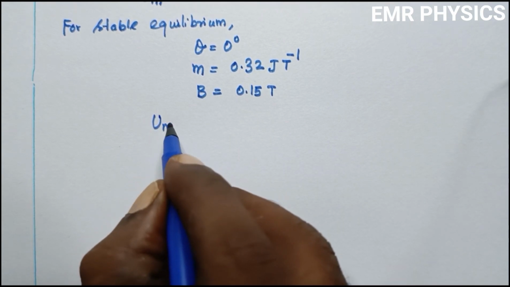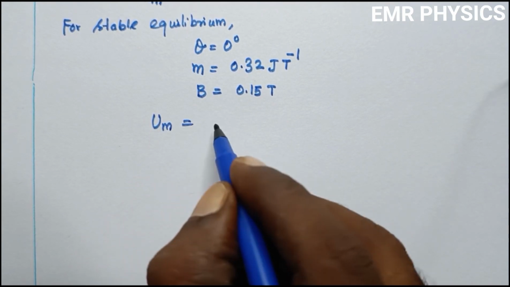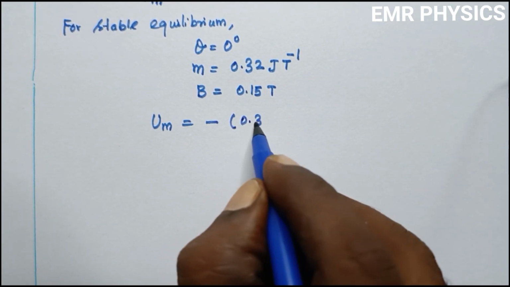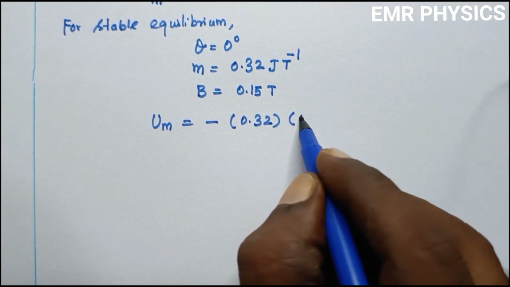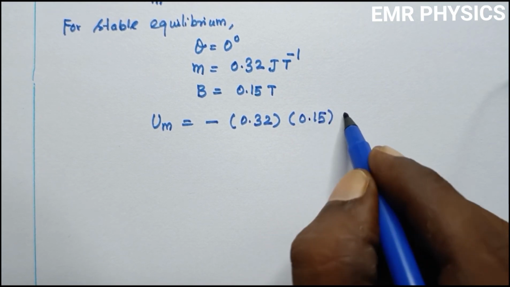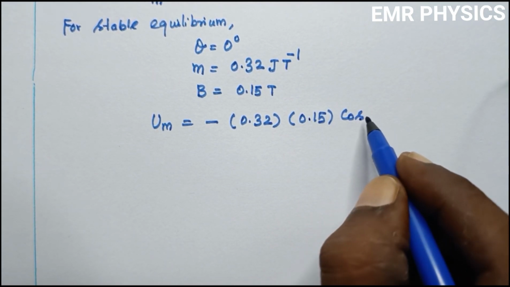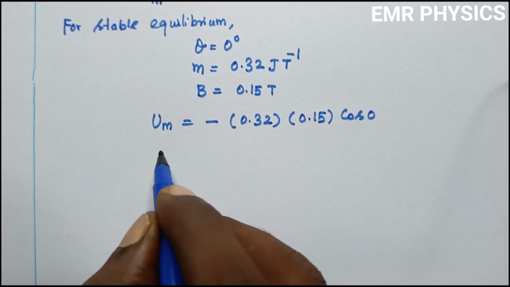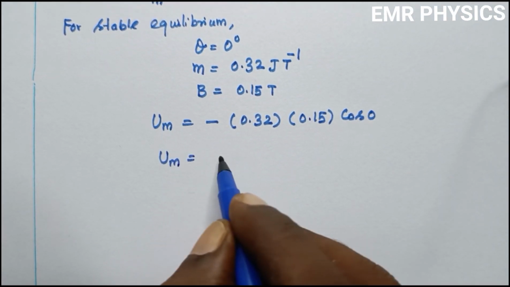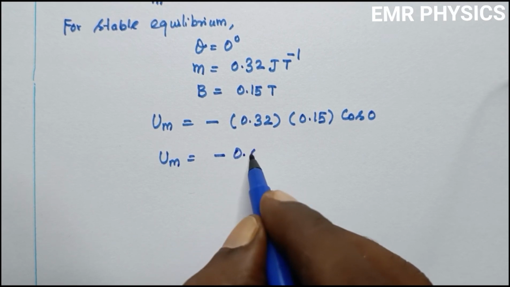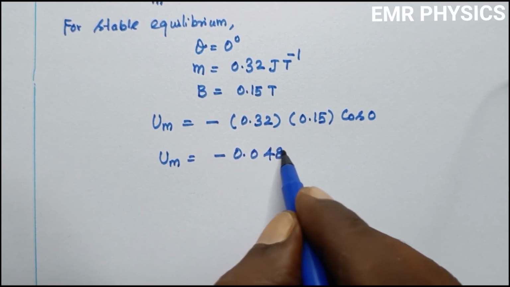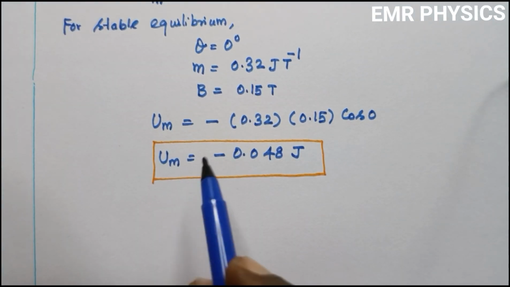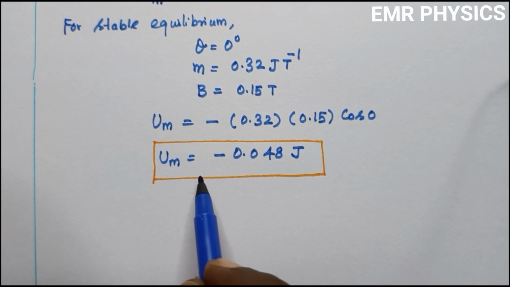The potential energy for stable equilibrium is equal to minus 0.32 into 0.15 into cos 0 degree. Cos 0 is 1. Therefore, U_m is equal to minus 0.048, and the unit of potential energy is Joule. So this is the potential energy for stable equilibrium.